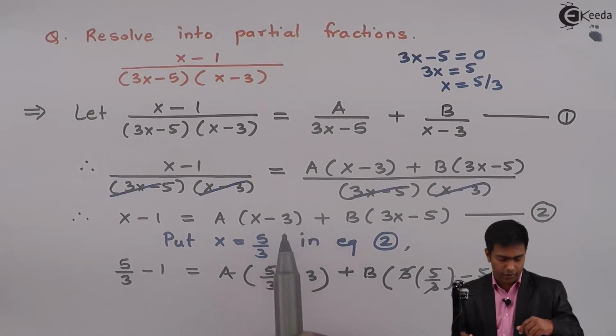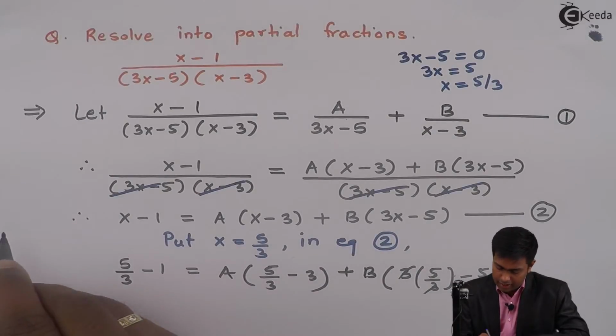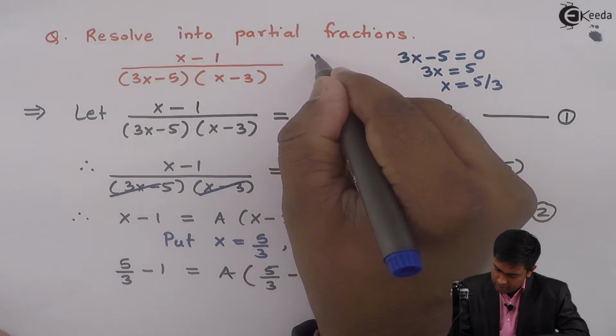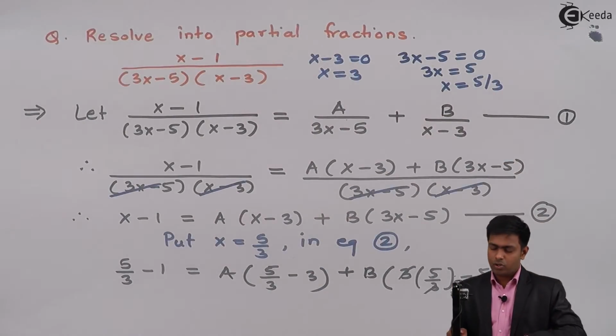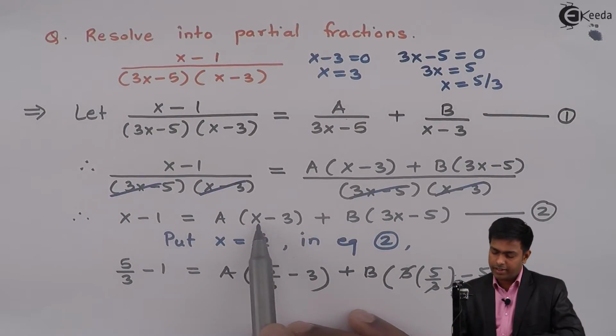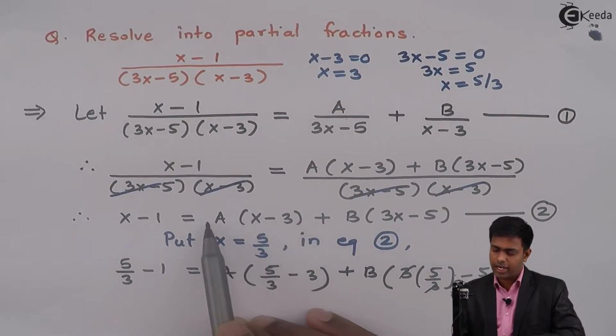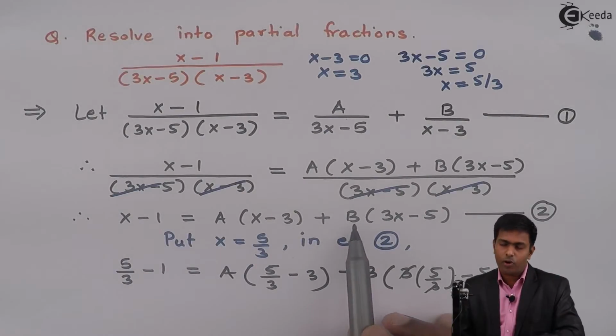For that I will equate this term to 0. So here I will say x minus 3 equal to 0, and from here I will get x as 3. So when I substitute x equal to 3 in equation number 2, I will get this term as 3 minus 3, 0. That means I can eliminate A, and then we can get the value of B.